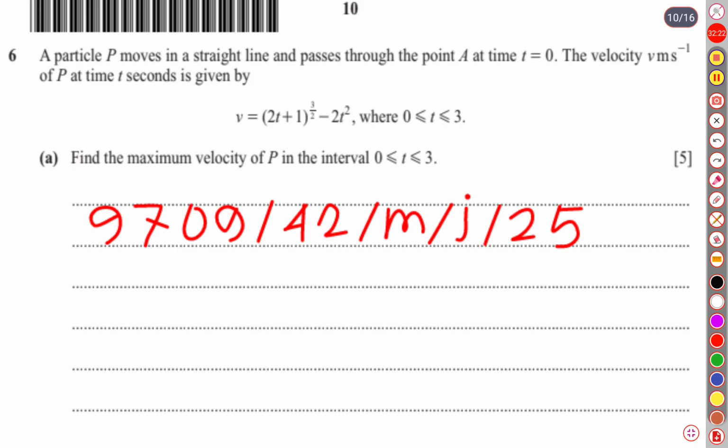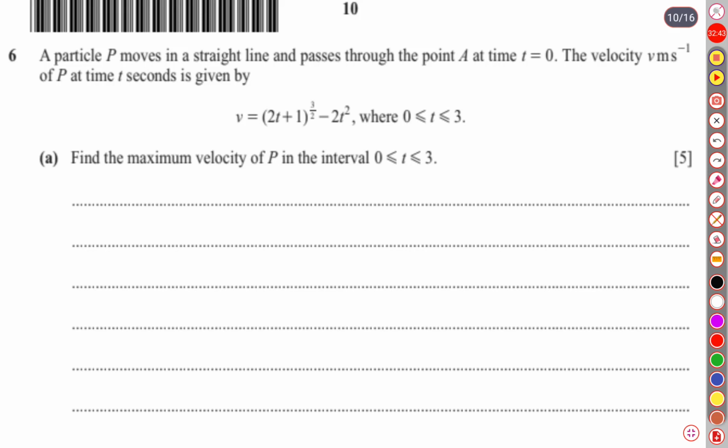Find the maximum velocity. So for maximum velocity, what do we do? We just find where the derivative of velocity is 0. Actually for maximum and minimum velocity, the acceleration is 0, meaning the derivative of velocity is 0. So let us find the derivative of the velocity. Our v is given, v is equal to (2t plus 1) raised to 3 over 2 minus 2t squared.